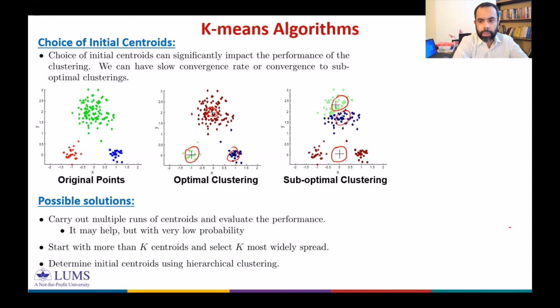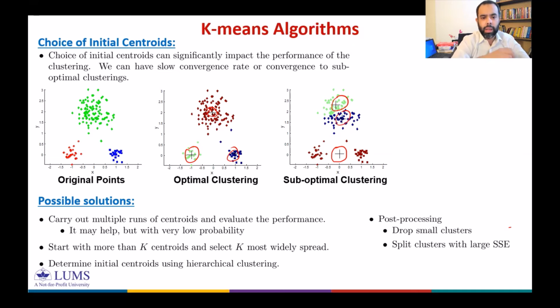We can also carry out some post-processing to handle this problem. This includes dropping small clusters. For example, in this case, if you drop small clusters and rerun the algorithm, you can correct this problem. Alternatively, you split clusters with large SSE. In this example, this cluster has a very large SSE.